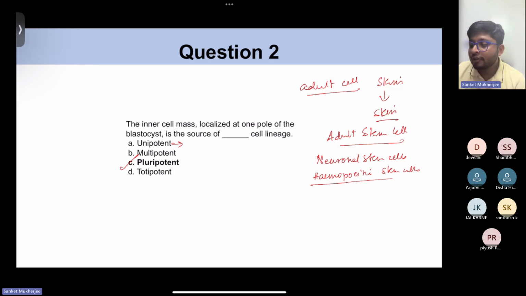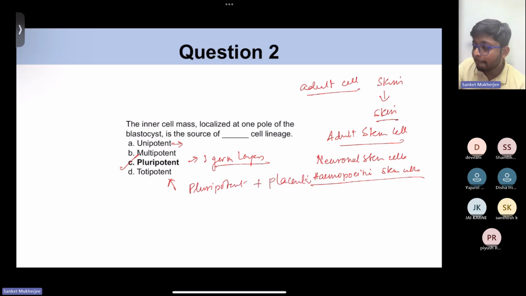That kind of potency is called multipotency. When we talk about pluripotent, we already said it can form all the three germ layers: ectoderm, mesoderm, and endoderm. It can form any type of cell, basically. It can differentiate into any form of cell. Totipotent cells are basically pluripotent cells which can also form the placenta.